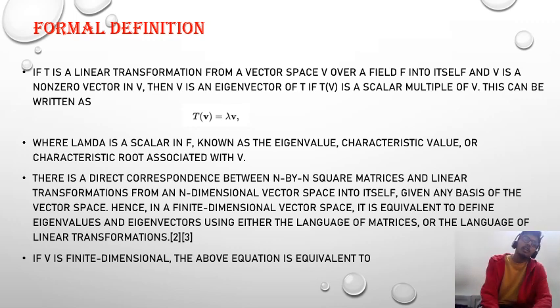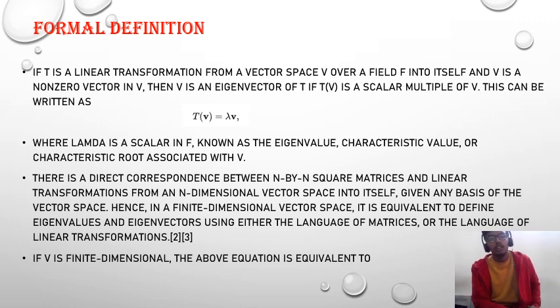This can be written as T of v is equal to lambda v, where lambda is a scalar in F known as the eigenvalue, characteristic value, or characteristic root associated with v. Here the form is T of v is equal to lambda v.